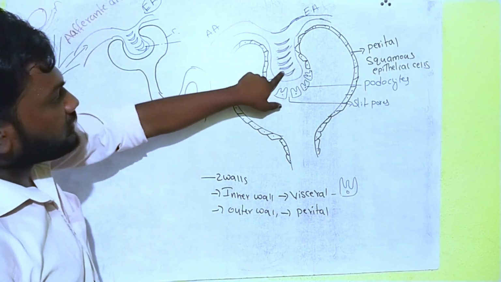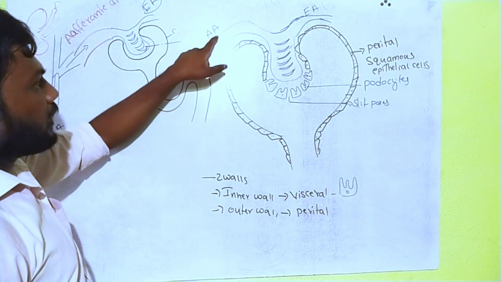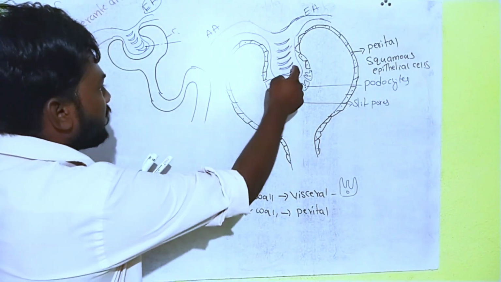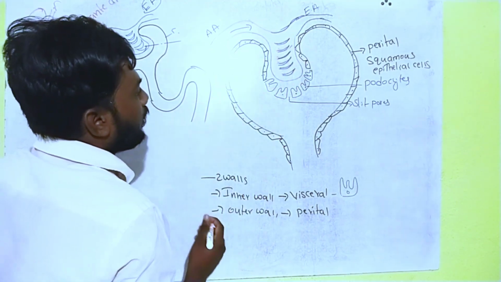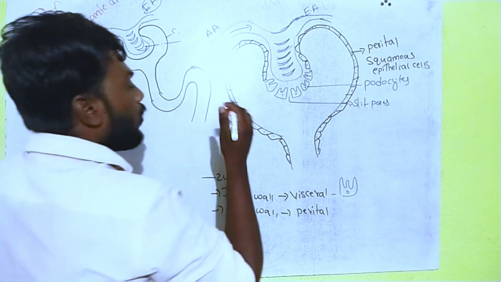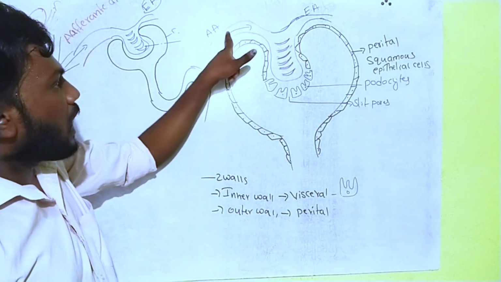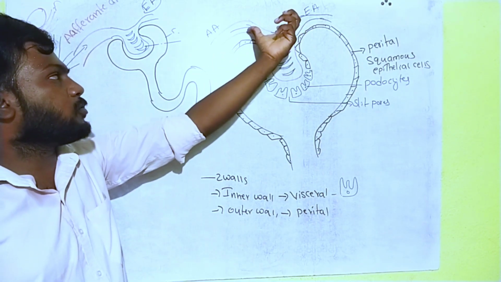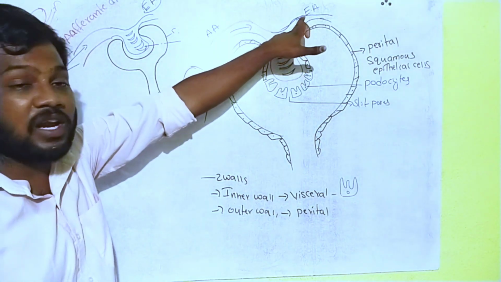The glomerulus capillaries bring in the blood through the afferent arteriole. From the afferent arteriole, the blood passes into the glomerulus, and in this glomerulus the blood will be filtered. How? You can observe the afferent arteriole tube and the efferent arteriole tube.